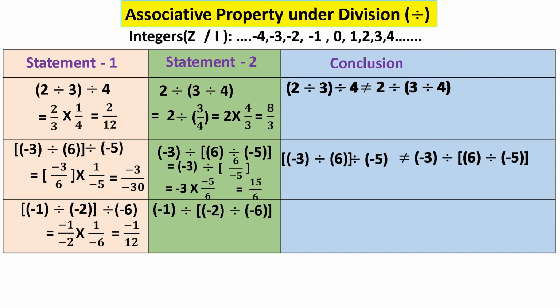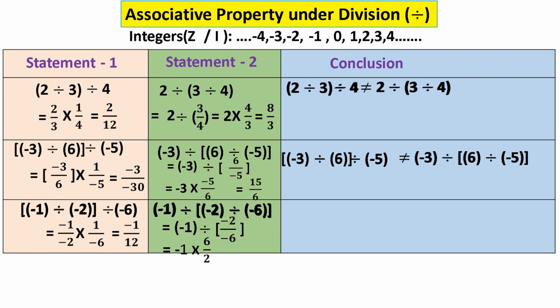And next, in statement 2, first we do the last two integers, the second and third ones. So minus 1 divided by minus 2 divided by minus 6. Then minus 1 into the reciprocal of minus 2 by minus 6, which is 6 by 2.